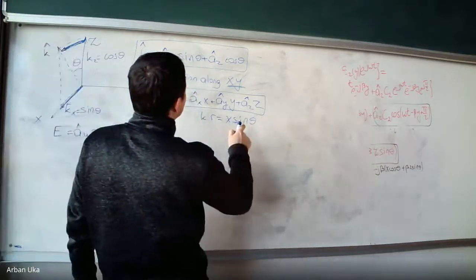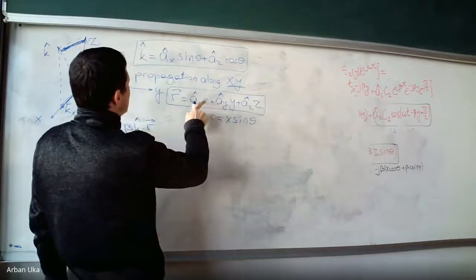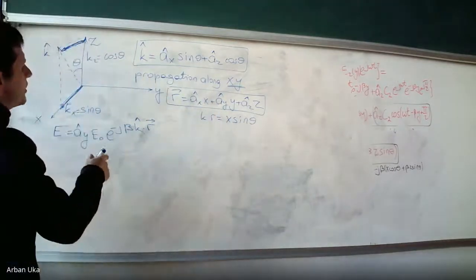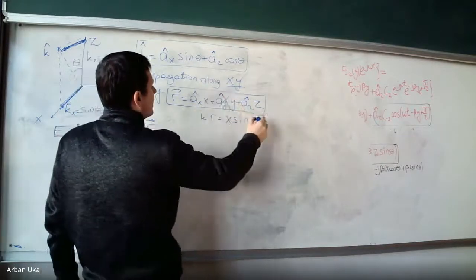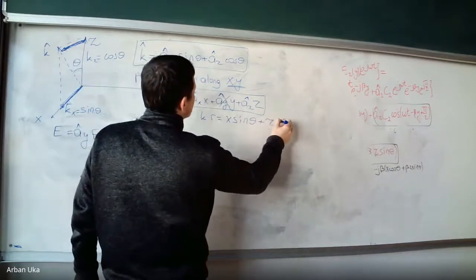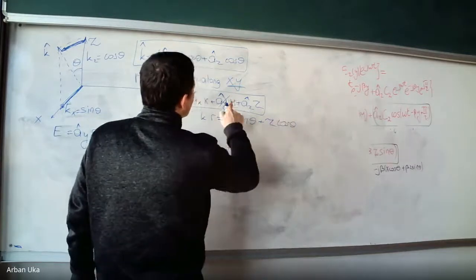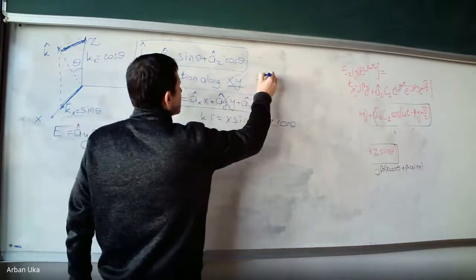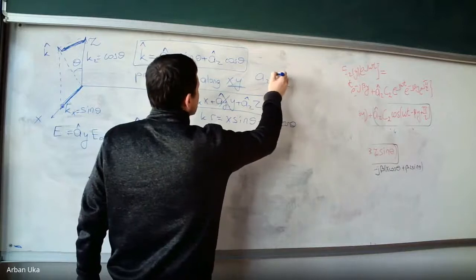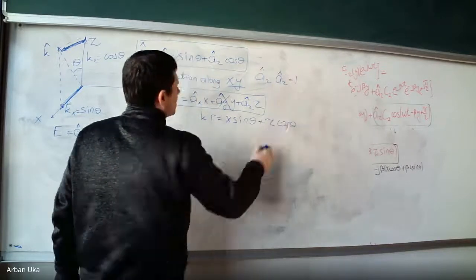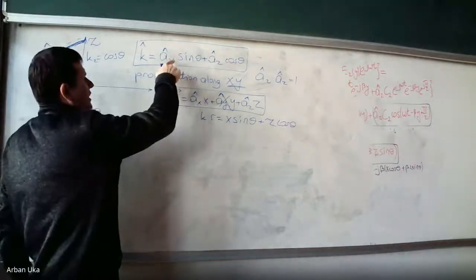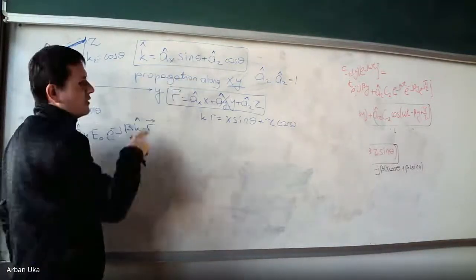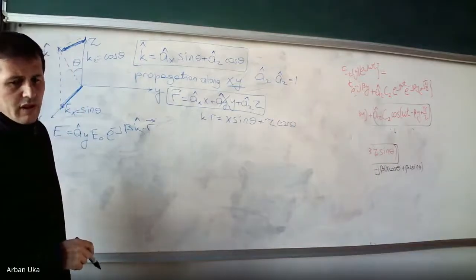Plus ay, we don't have it, so it's not propagating along the ay, so we can drop this one just for a moment, because this is our k. Then here we get plus z cosine theta. Why is this? Because az dot product with az is equal to 1, because they are unit vectors. Okay, this one was all intuitive, nothing to memorize.